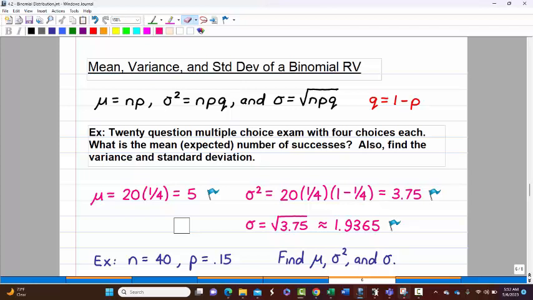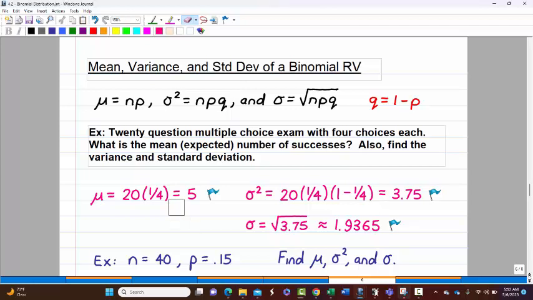Every time, if you kept filling them out over and over, like Scantron forms at random, you get different results. So this mean tells you the expected average number of successes long term. You're not supposed to miss them all. You're supposed to get some of them right by guessing, but 5 out of 20 is not a very good test score, is it? So you're not supposed to miss them all, but it's not going to be very helpful to guess.